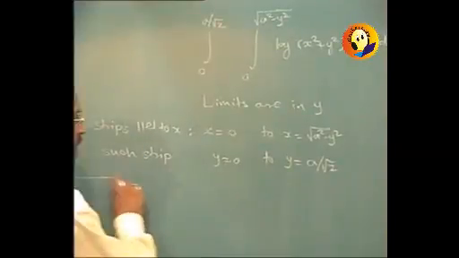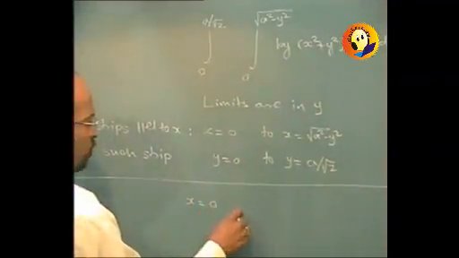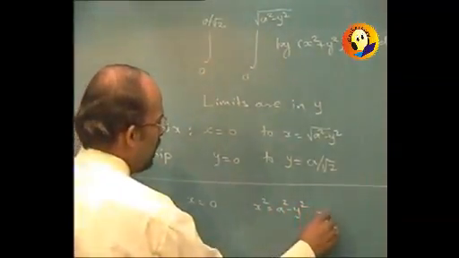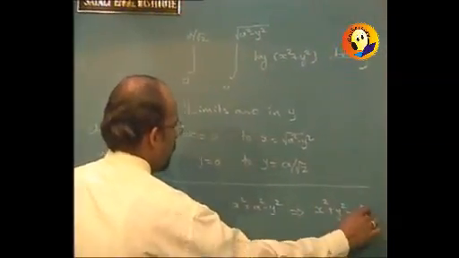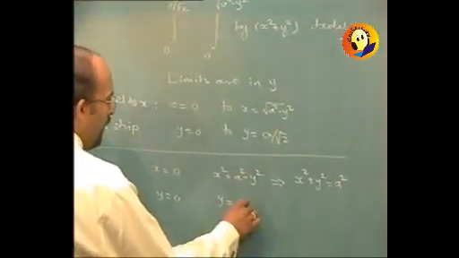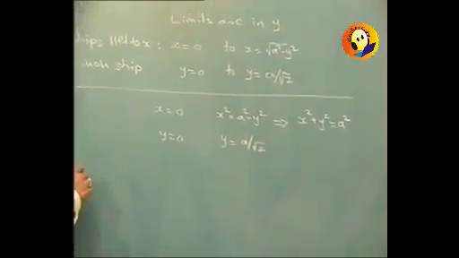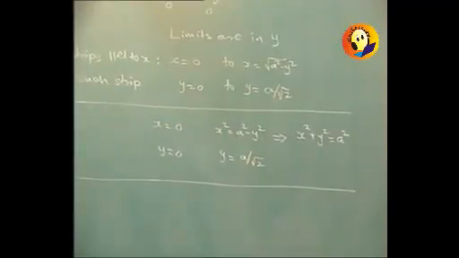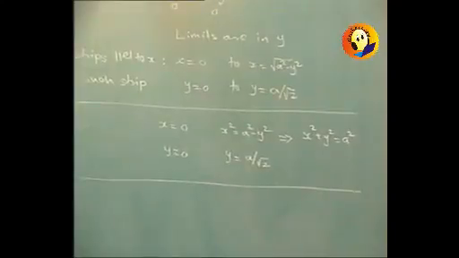Obviously the four curves that we have are respectively x equal to 0, then x square equal to a square minus y square, which implies x square plus y square equal to a square, y equal to 0 and y equal to a upon root 2. We can now draw the figure corresponding to the particular area of integration.